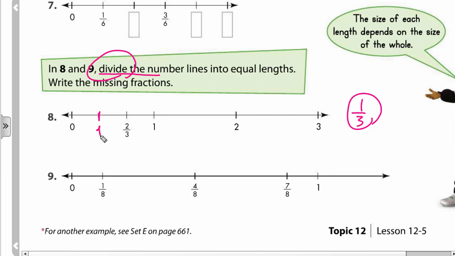And now we move to the distance between 1 and 2, and divide it also into how many equal lengths? The same, 3 equal lengths. And the distance between 2 and 3, divide it also into 3.